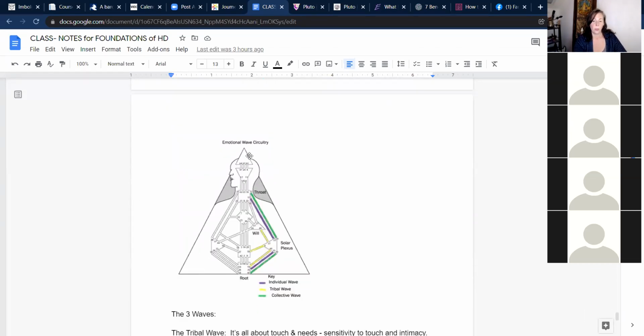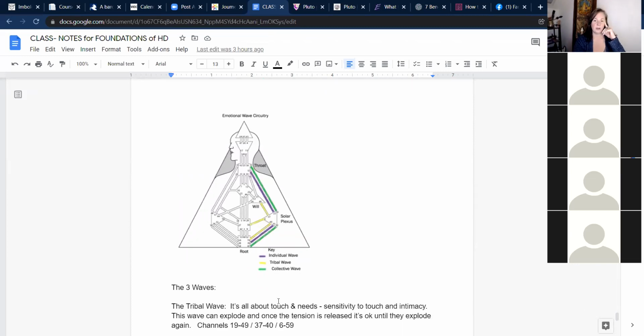So this is the emotional wave circuitry. I'm just going to briefly go through these, but you can look at your own chart, or anybody that you've run charts for, to see what their wave is. The tribal wave is the yellow.